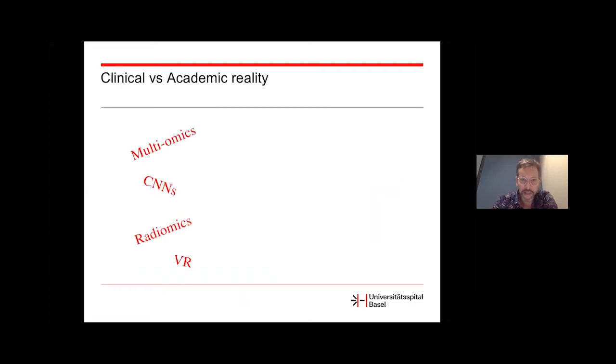And then we have all kinds of fancy sounding things like multi-omics, radiomics, virtual reality, and then the whole thing about AI with convolutional neural networks, machine learning. It sounds all very spectacular.